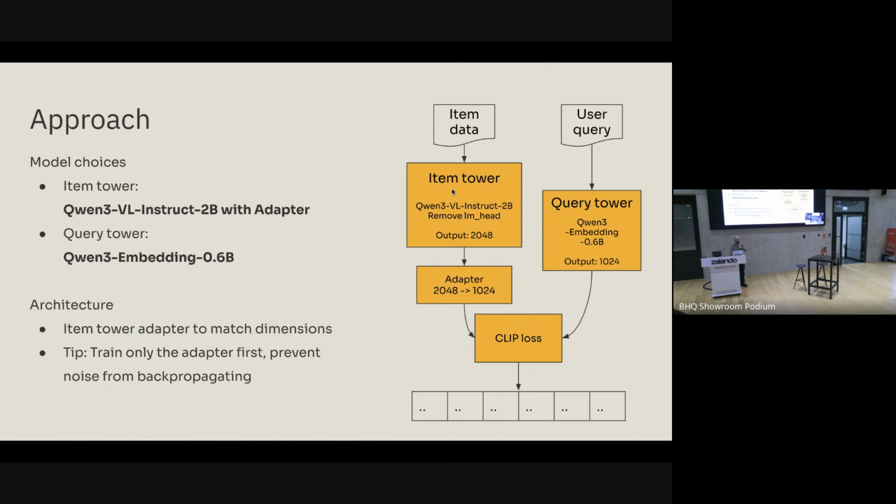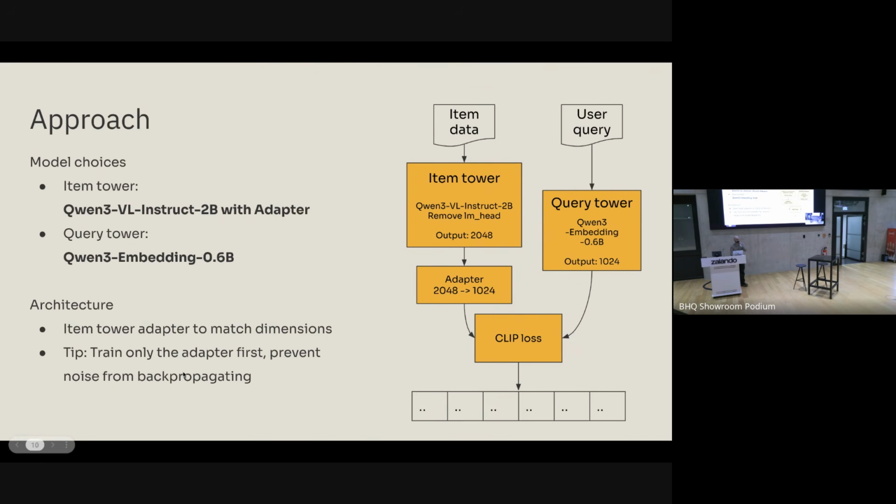So first of all, because this is an instruct-tuned model, you remove the LM head, the final layer that does token classification, and you add an adapter that'll take the dimensions from 2048 to 1024, and it fits in this two-tower setup.